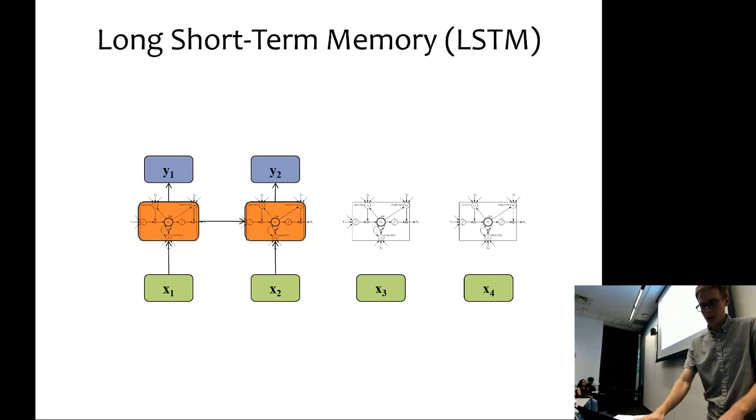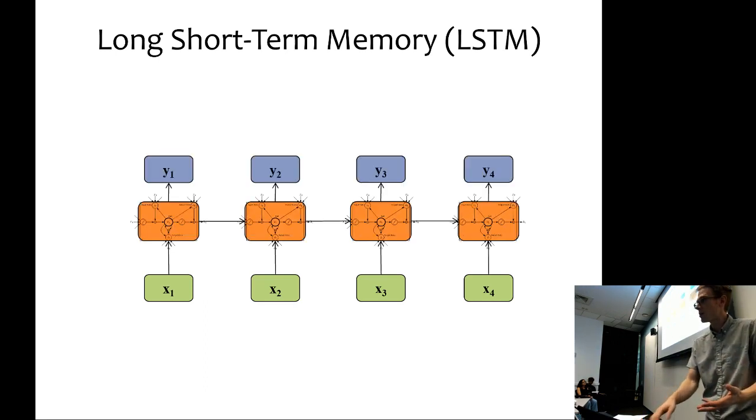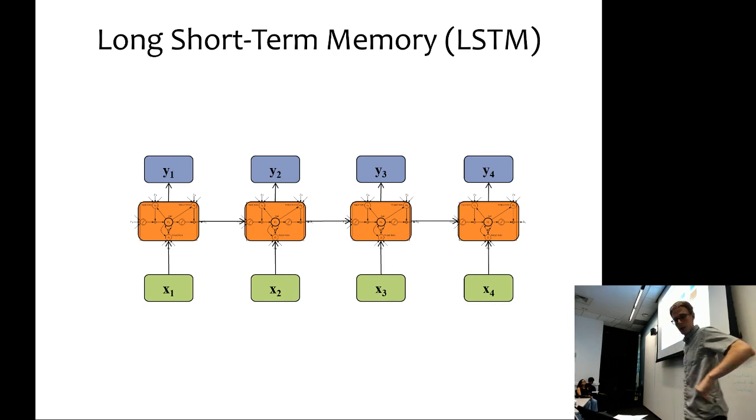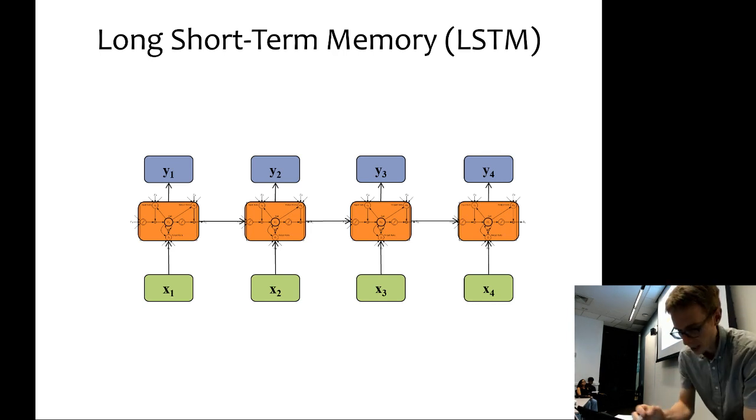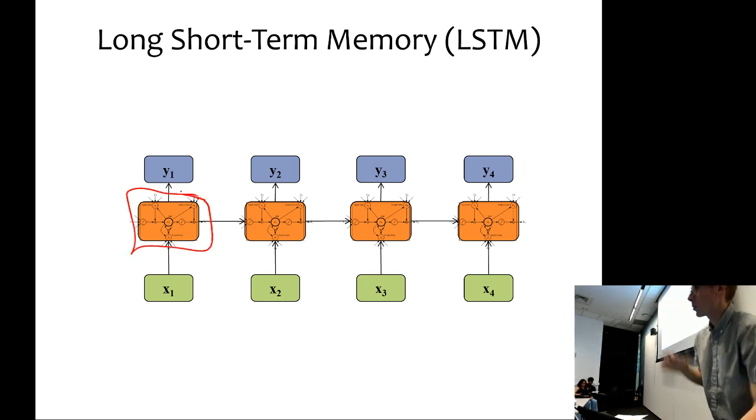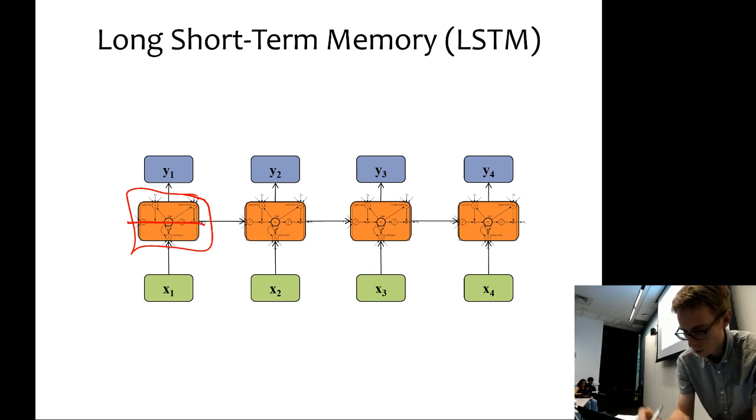Okay, so with these little cells, we can now build up an RNN just as before, where each of these cells corresponds to the content of this cell. What's really going on in this picture is two vectors. One of them is vector c1, and the other is vector h1.